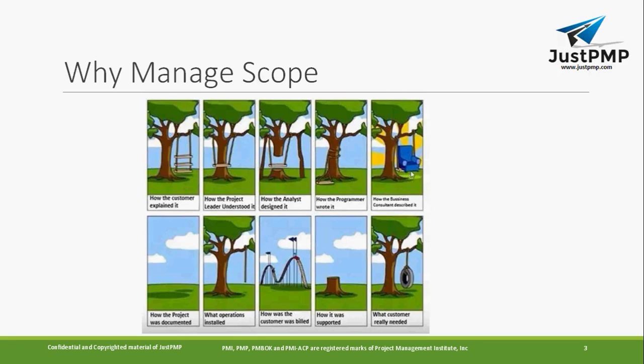Now the business consultant explained it in this way. The project documentation was zero; nothing was there. That's the reason there was a communication gap, and they did not understand the requirement properly. Since the project documentation was missing and requirements were not done properly, the operation was installed wrong.